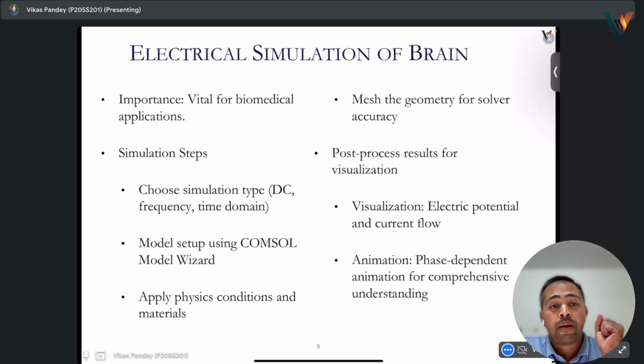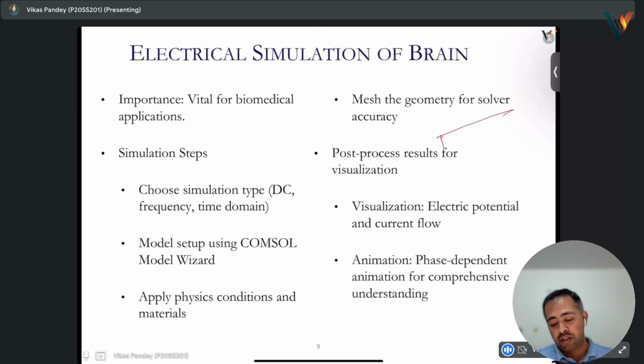What are the steps? First we choose the simulation type, which can be DC, frequency, or time domain. Then we model the setup using the COMSOL model wizard. Then apply physical conditions of the material, then mesh the geometry for solver accuracy.